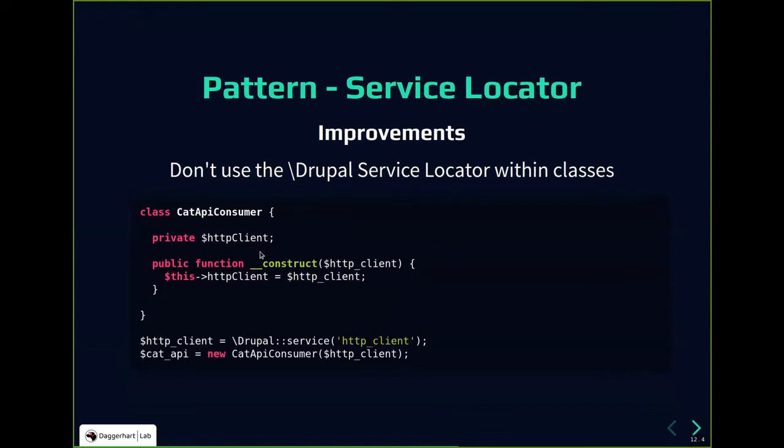So let's go back to our dependency best practices. We're not actually going to use our service locator in our classes ever, because that breaks our rule of dependency best practices. Instead, what we're going to do is get the value of the service locator, get what we want out of the service locator, and pass it into the new instance of our class. So we're following our dependency best practice rules, meaning that there are no dependencies inside of our classes. We're going to pass everything in.